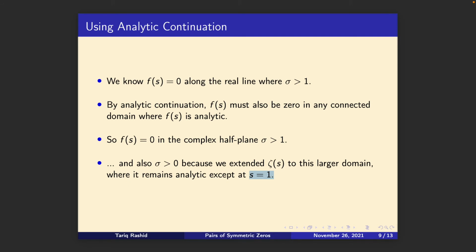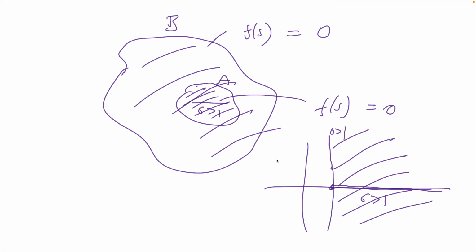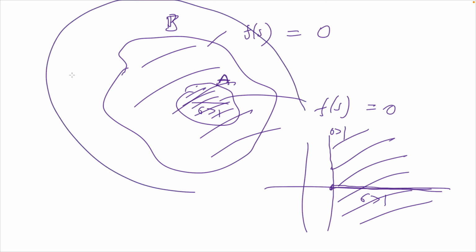So you can see this idea of repeated analytic continuations. Let's relate this to the picture. We had an initial domain A, extended it to B, and now we've got a bigger domain C which includes B, and it's going to be analytic here as well, and therefore f is 0 here, f is 0 here, and f is 0 here.